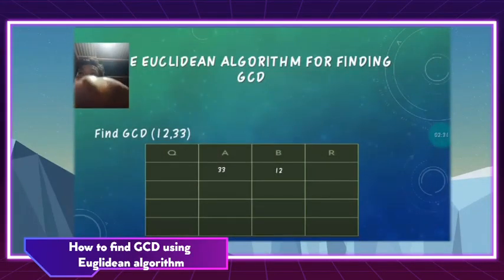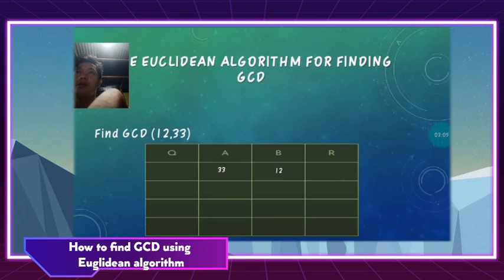Now do the division operation, and whenever you find B becomes 0, then whatever is there in A, that is the GCD. I repeat: whenever you find the B parameter with 0 as the value, whatever is there in A, that is the GCD. No worries, things will be clear as we see this example.